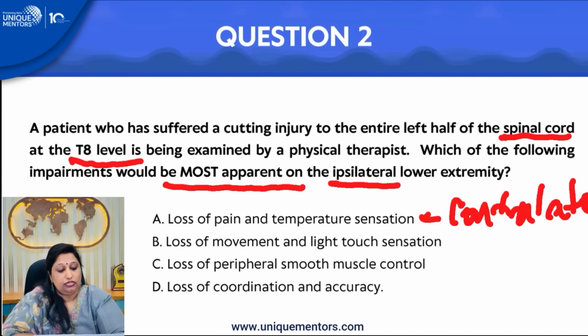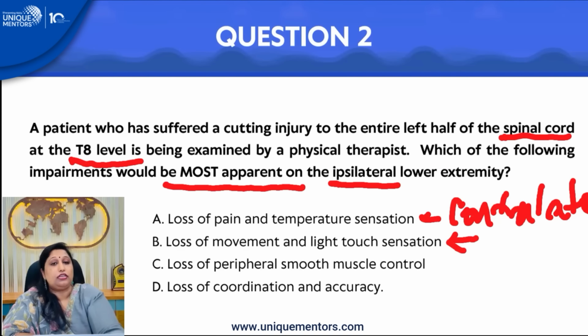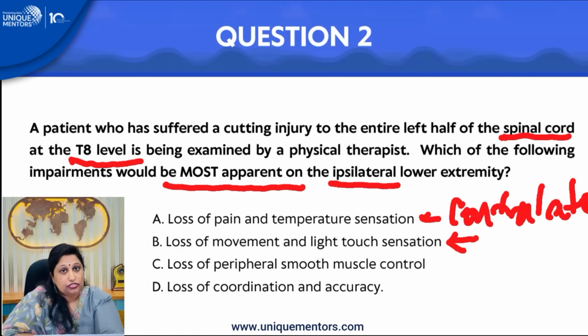Now, second one is loss of movement and light touch sensation. Now, this is a function done by the proprioceptors, the joint receptors, and the tract that is carrying this sensation is fasciculus gracilis and fasciculus cuneatus, which is crossing at the brain stem. It is not crossing at the spinal level. Keep this in mind.